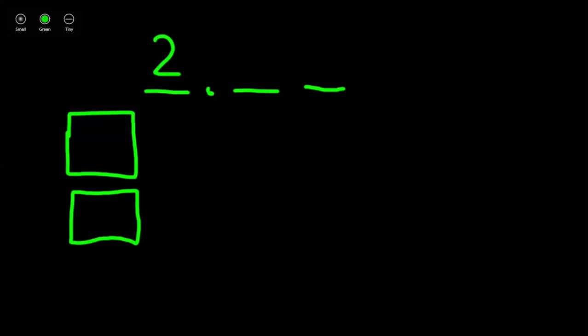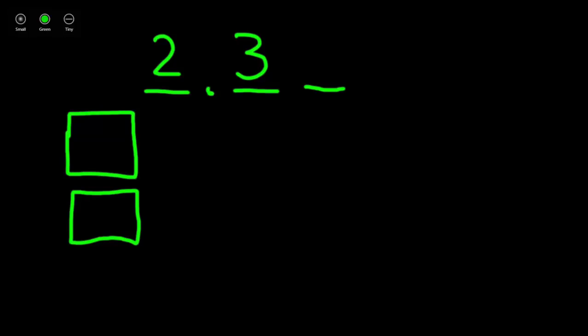Now let's take a look at our tenths place. Our tenths place is actually smaller than 1. So let's assume we have a 3 in our tenths place. We know that these flats that we used to represent our 2 are each worth one whole.